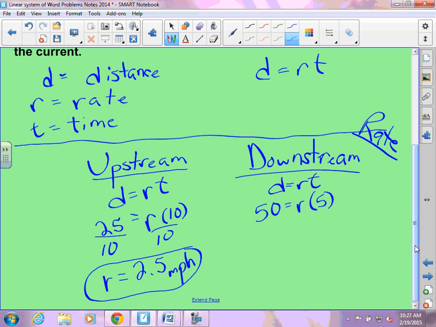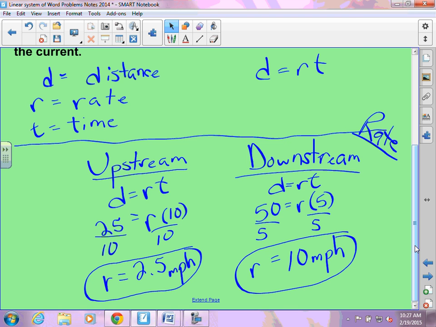So the rate is going to be 10 miles per hour. So that's how far this boat is traveling. Does that make sense? Okay. And notice that when it's going downstream, it's traveling faster, isn't it? Which makes sense because the current pushes it.